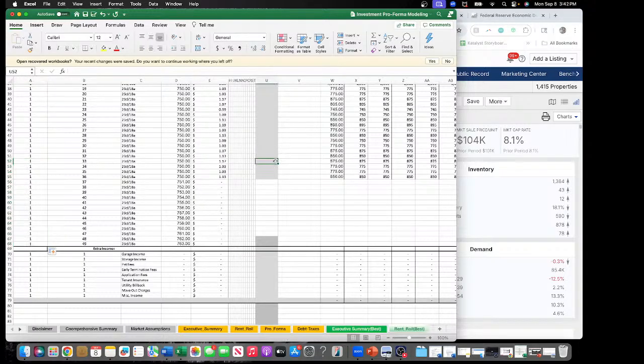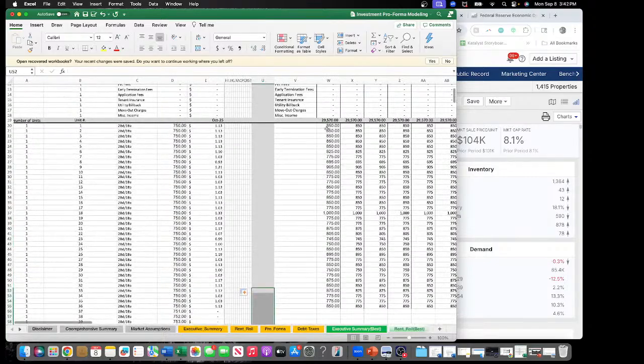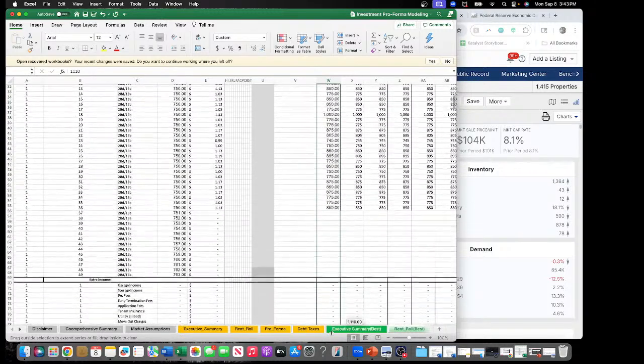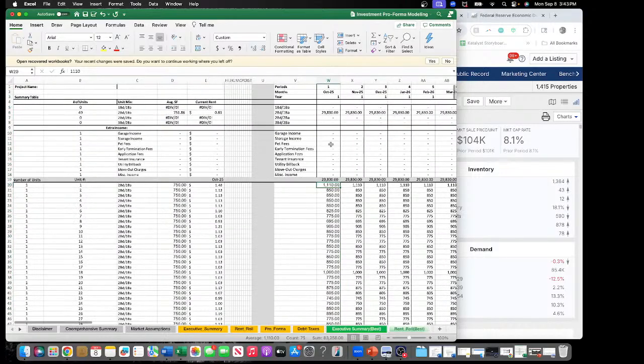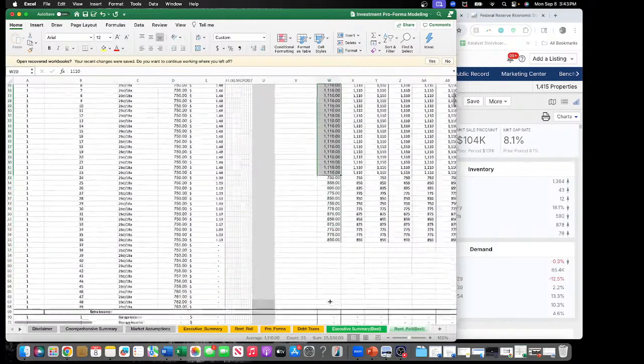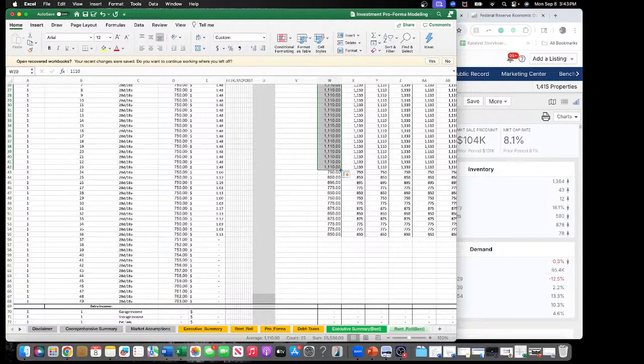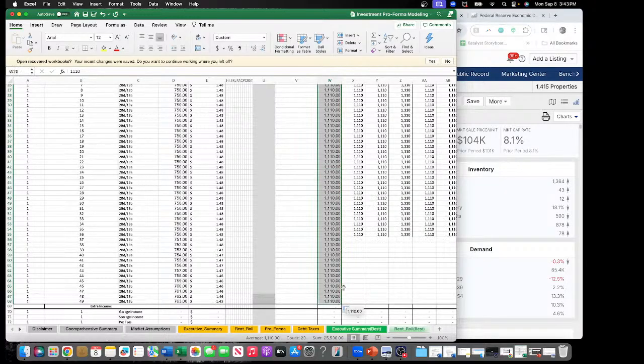We're going to take that, and this time, instead of putting in $525, we're going to put in $1,100 a month. Let's drag that all the way down, whoops, that was way too much. Let's drag down a little more, and a little more.